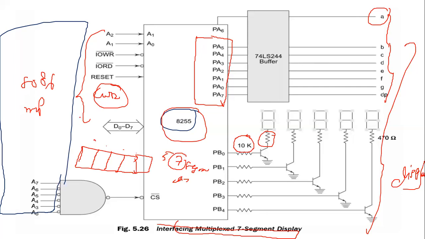At a time you want to display 1 2 3 and 4, so I mean 4 7 segment displays I have to use here.